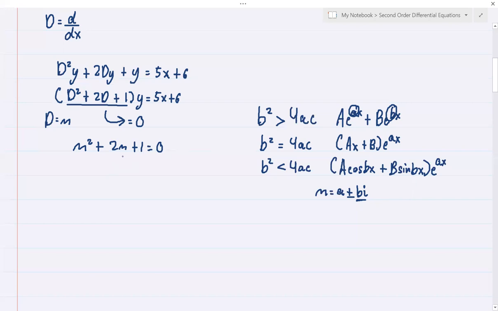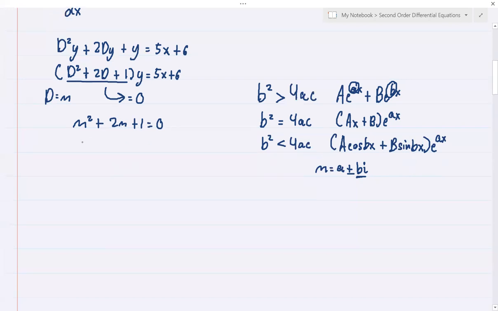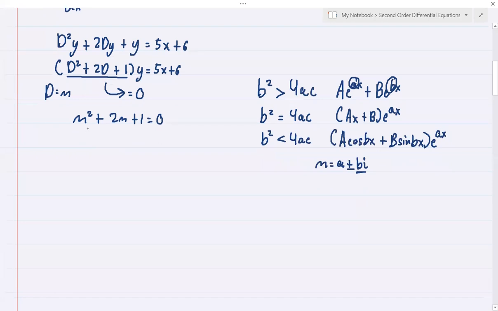So let's now find your m values. So we have m squared plus 2m plus 1. So you see, if you're going to use methods of factoring, the factored form of m squared plus 2m plus 1 is m plus 1 times m plus 1. Okay? So as you can see, we have the same m plus 1s, or we have two the same binomials.